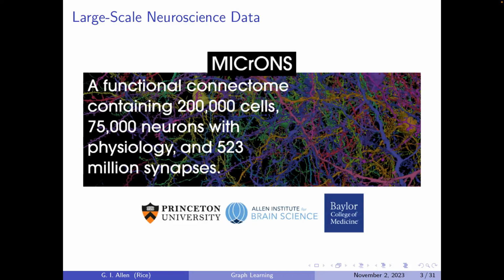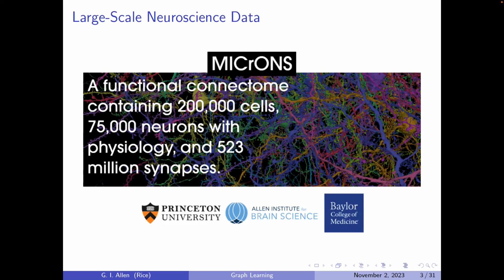What I'm going to talk about today is motivated by a really big, huge collaborative project. This has been a 10-year project called the Microns Project. The goal here was to understand a millimeter cubed portion of the mouse brain that fully contained V1 in the visual cortex of the mouse brain, and to get structural and functional information on all of it.